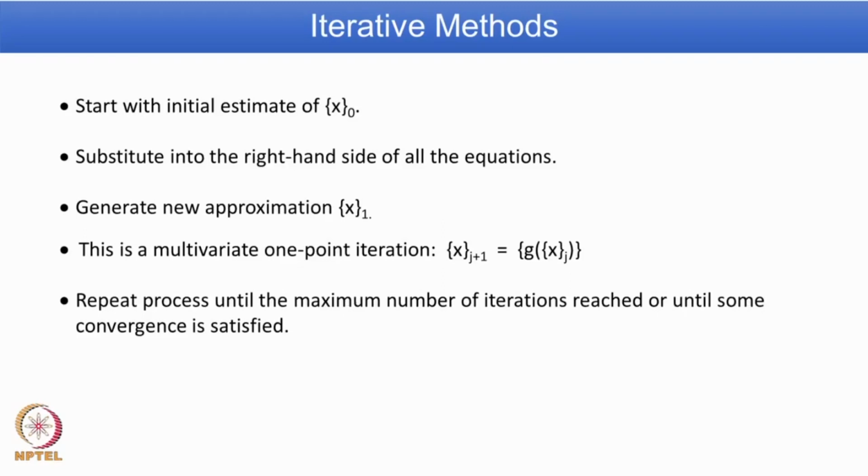We learnt about the convergence limit, which is one such criterion. For example, if the absolute difference between the present value and the old value is less than the specified limit, then you can terminate the iteration. This is one such convergence criterion.